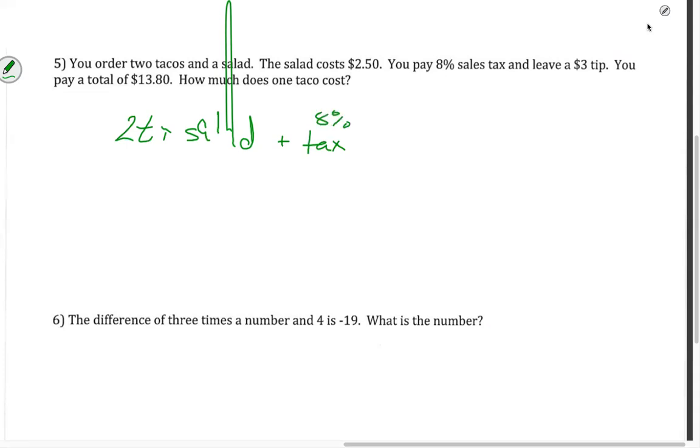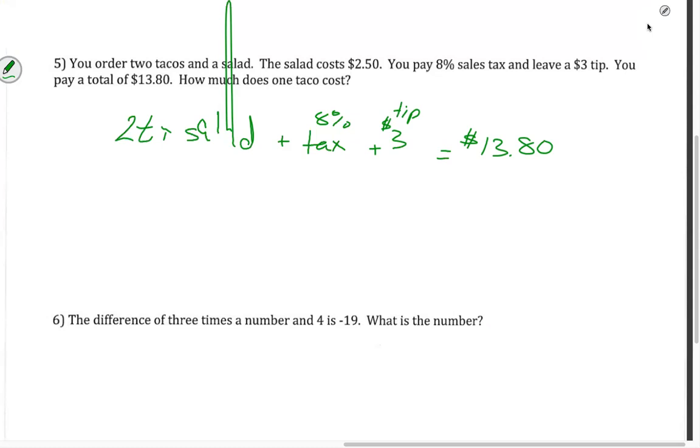So I got 2 tacos plus a salad plus 8% tax, and I left a $3 tip. And I paid a total of $13.80. Now I need to figure out how much 1 taco costs. Now I'm going to start breaking this down, okay? You ready for it?